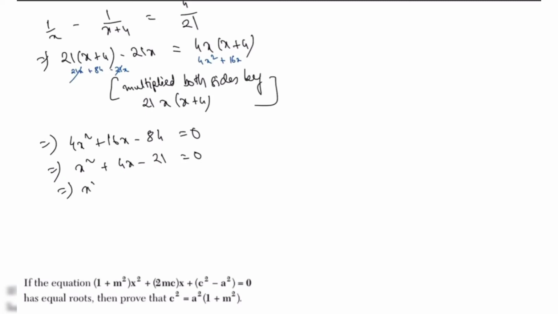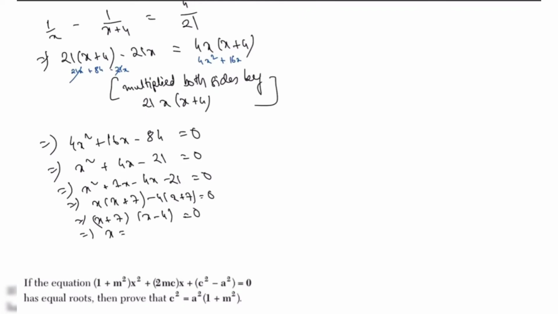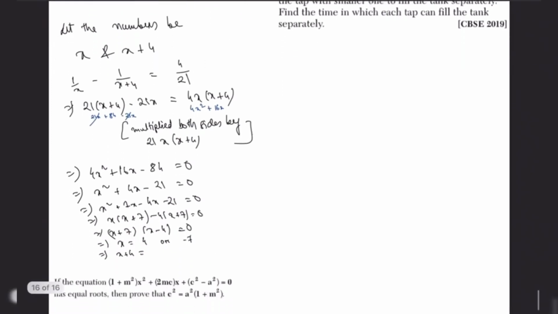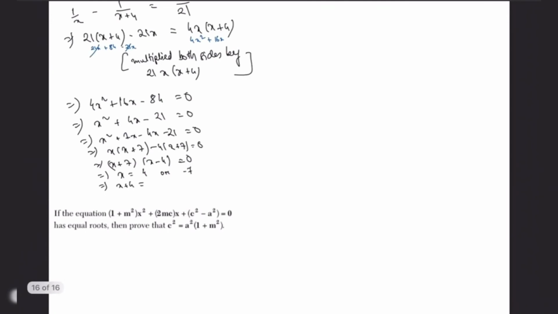So x squared plus 7x minus 4x minus 21 equals 0, implies x times x plus 7 minus 4 times x plus 7 equals 0, implies x plus 7 times x minus 4 is 0, implies x equal to 4 or minus 7, implies x plus 4 is, so just add 4, so 8 or minus 3.